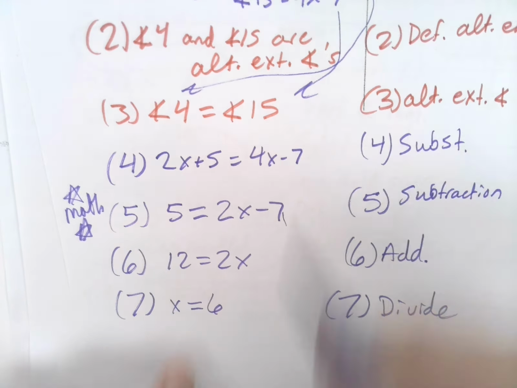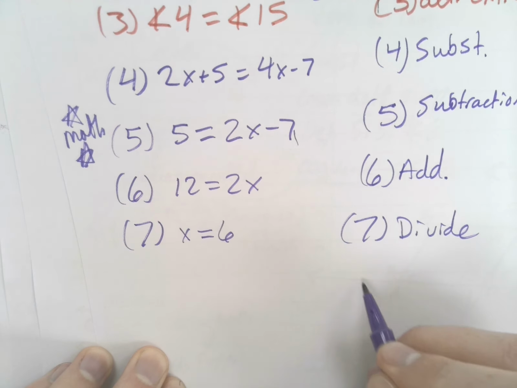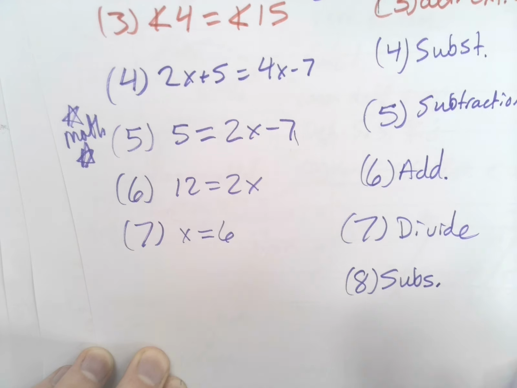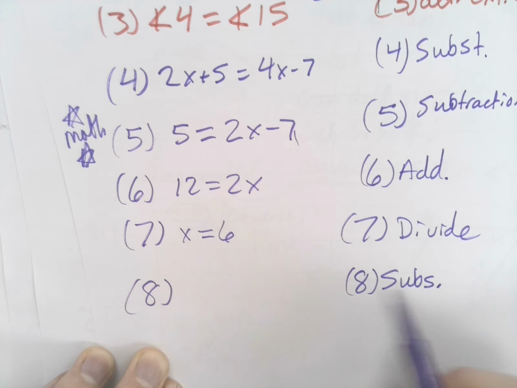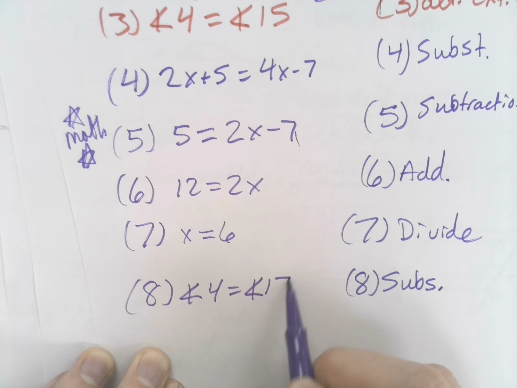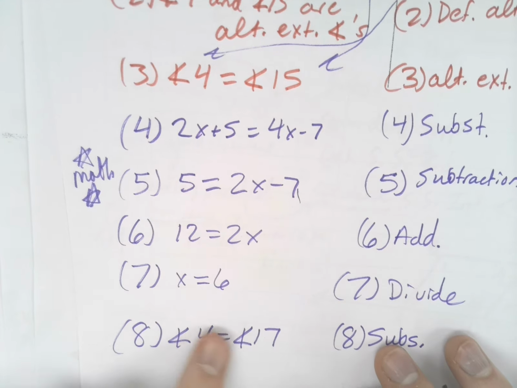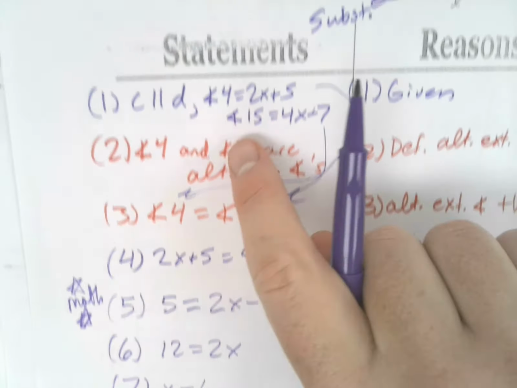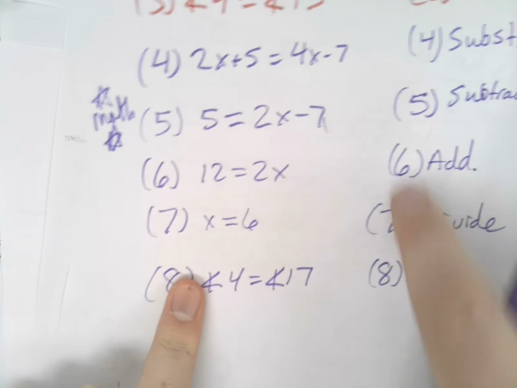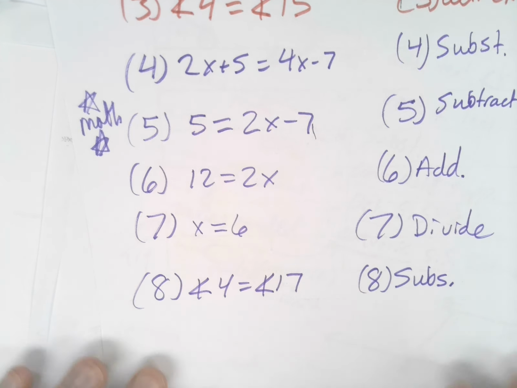So you plug that back in, you get 17 for both. What lets us plug that back in? Well, that's substitution. And so using substitution, we can say that angle 4 is going to be equal to angle 15, which is what we were trying to say from the beginning. By plugging 6 back in, we know that those are equal.